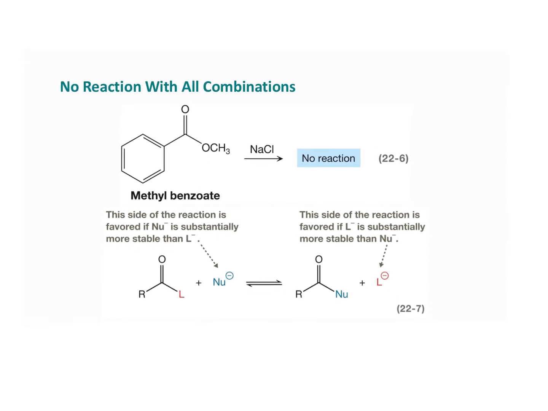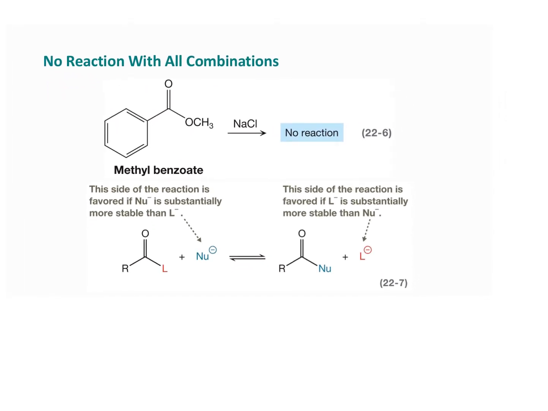Now, we understand this by examining the generic acyl substitution reaction shown here in 22.7. Notice that the nucleophile, which is shown here, bears a negative charge on the reactant side, and the leaving group bears a negative charge on the product side. If the leaving group is more stable than the nucleophile, right?